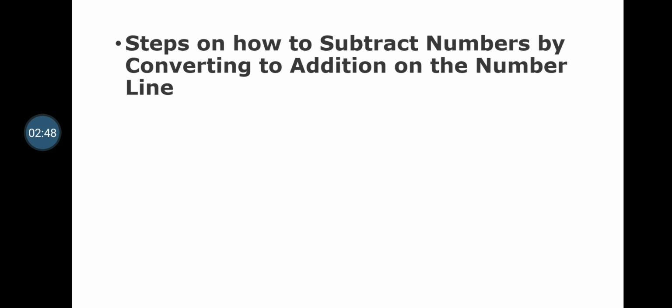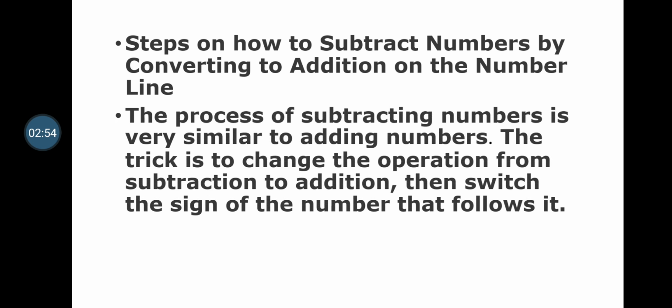Steps on how to subtract numbers by converting to addition on the number line. The process of subtracting numbers is very similar to adding numbers. The trick is to change the operation from subtraction to addition, then switch the sign of the number that follows it.